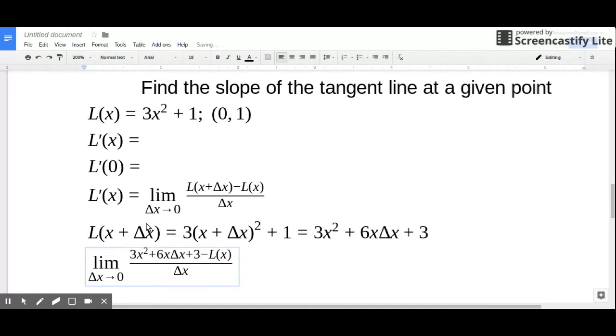Alright, so that's that part. And then we have minus. Now remember, because of that minus sign, we've got to distribute that minus. But what we're going to do here is start a parentheses, which helps us not to forget: 3x squared plus 1.